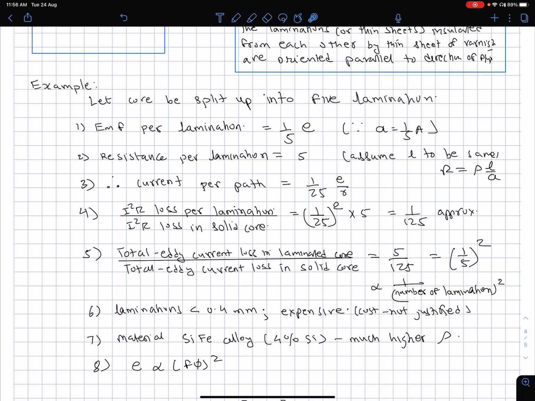What is the square of the current? Sorry, the current has become 1 by 25.